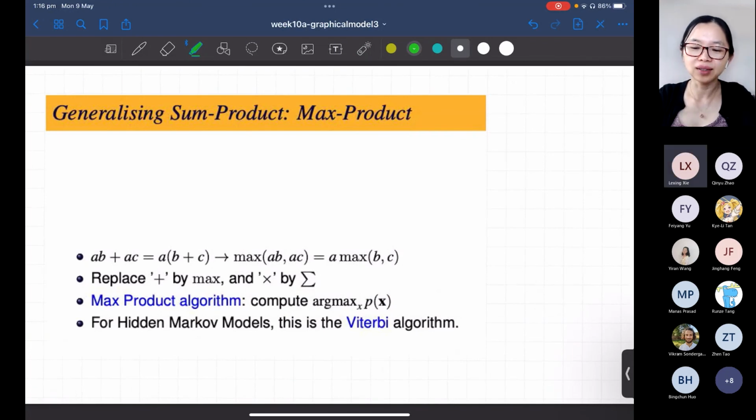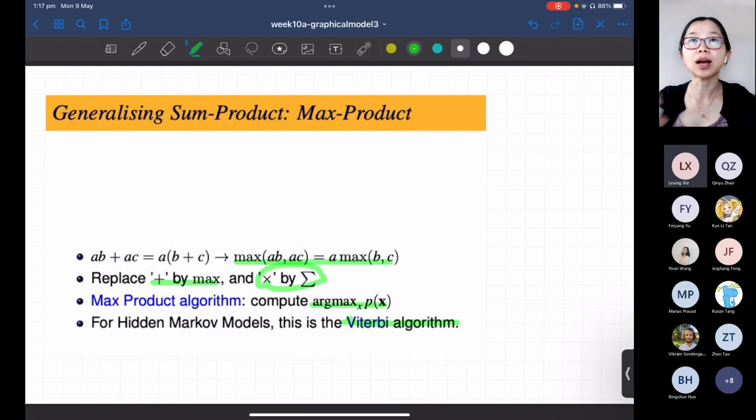So this is exactly what we wrote on the last page. What we did is we replaced the sum by max and replaced multiply by actually sum. Then this allows us to do what's called decoding. For hidden Markov models, this is called the Viterbi algorithm.